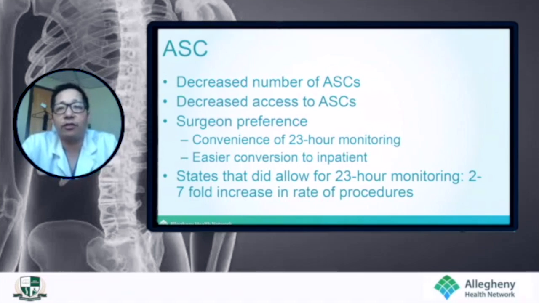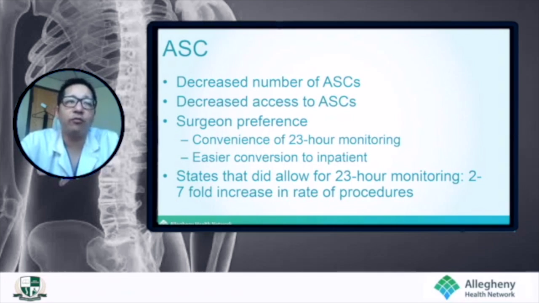Well, I think there are certainly regulatory barriers. There is a large component that's surgeon preference. So some surgeons prefer to monitor someone for 23 hours, and that's certainly reasonable. That's the surgeon-patient relationship. And with performing them even in the hospital outpatient department, you can see that it's very easy to send a patient to the inpatient side if they're sitting in the hospital already.